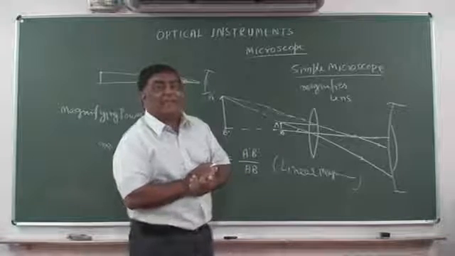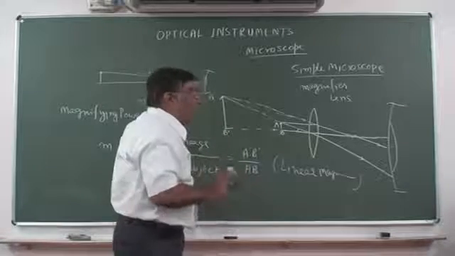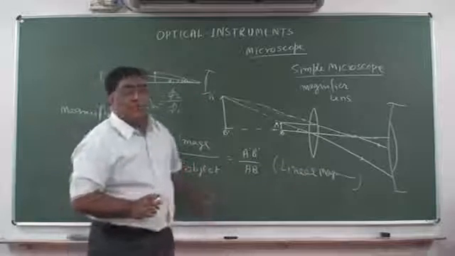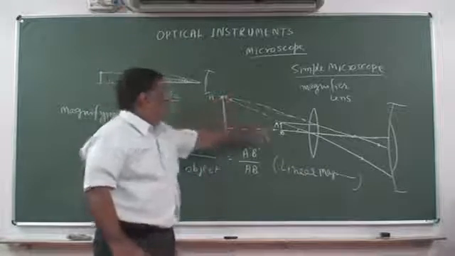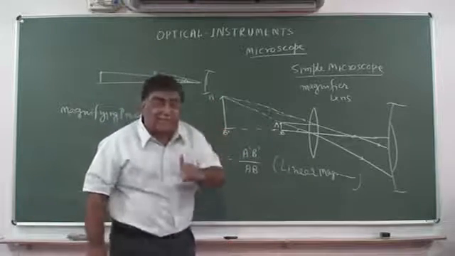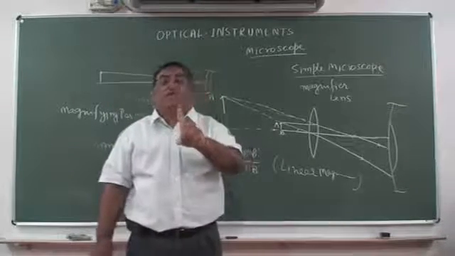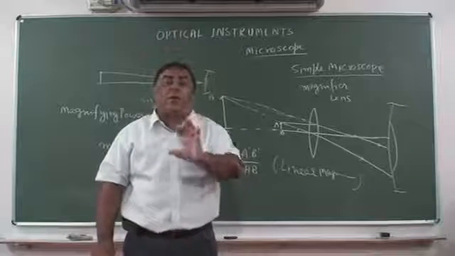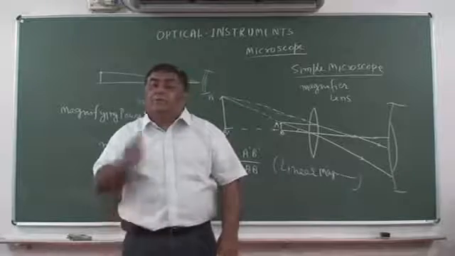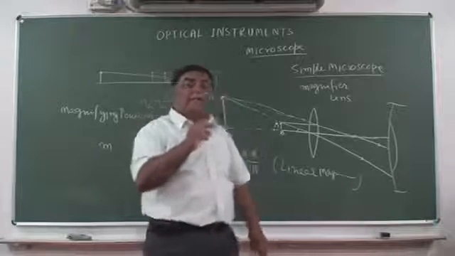How did we clarify the definition? See, angular magnification is the ratio between the angle made by the image divided by the angle made by the object, provided there is one condition. The condition is both should be drawn at the same place. Both should be drawn at the same place.